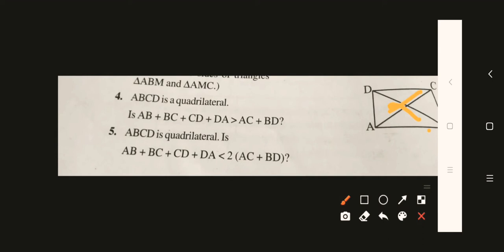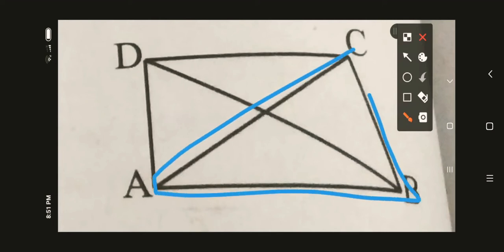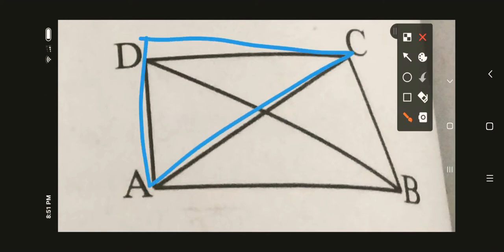Now let us see. To solve this, firstly we'll consider the triangle ABC, and then we'll say AC is less than AB plus BC. Next we'll take the triangle DAC. Over here we'll say AC is less than DA plus CD.